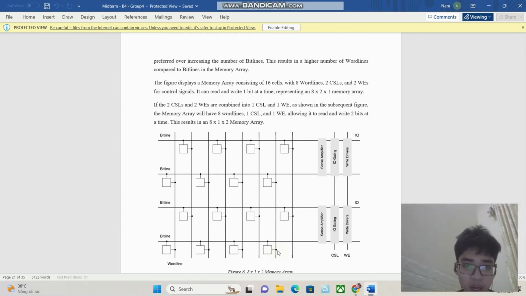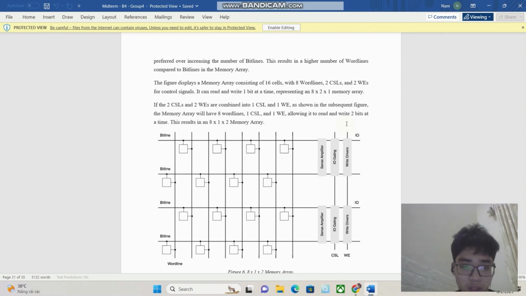The figure displays a memory array consisting of 16 cells with 8 word lines, 2 CSL, and 2 WEs. For control signals, it can read and write 1 bit at a time, representing an 8 times 2 times 1 memory array.